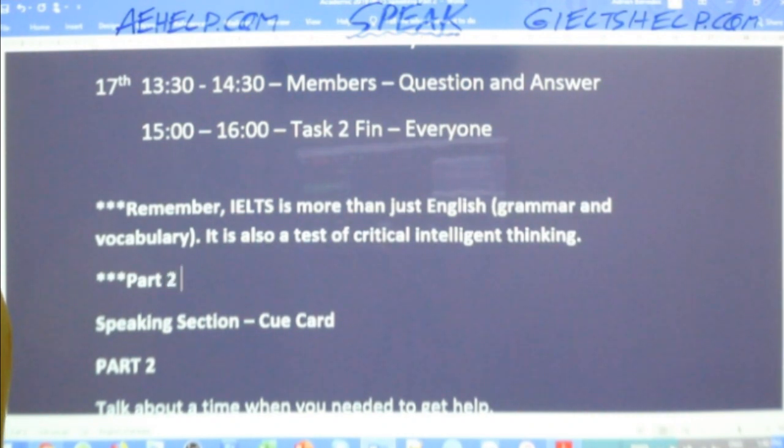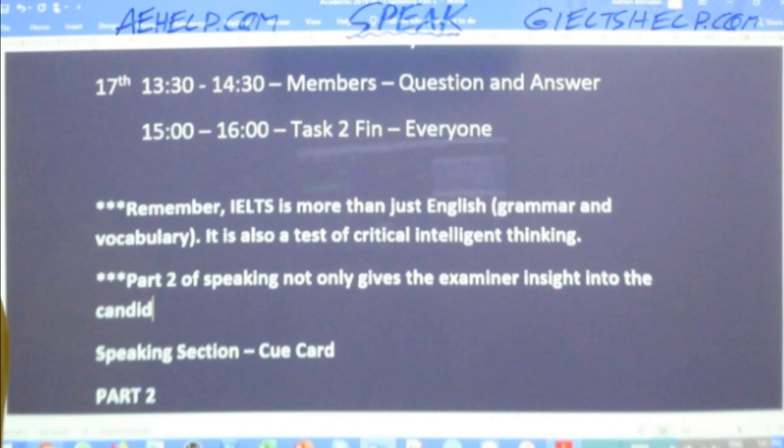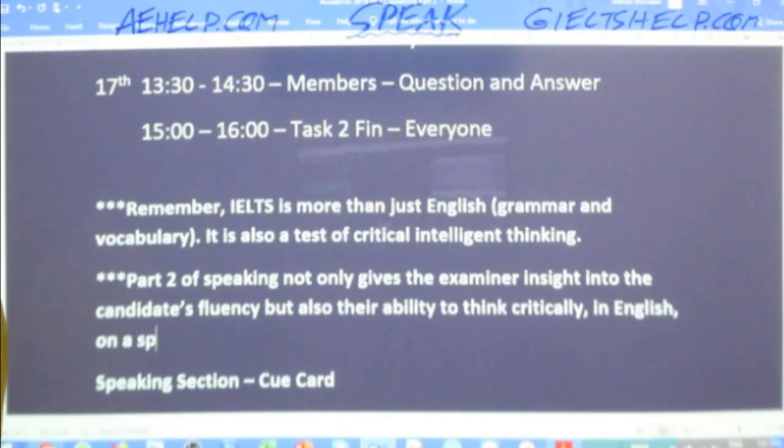So part 2 of speaking not only gives the examiner insight into the candidate's fluency, but also their ability to think critically in English, let's put that in a comma, in English, on a specific topic. Absolutely.